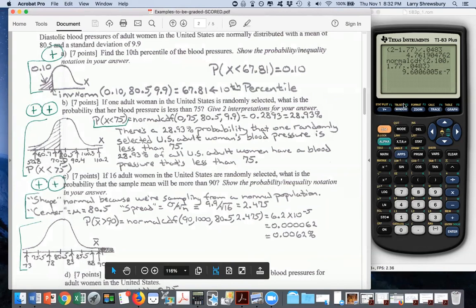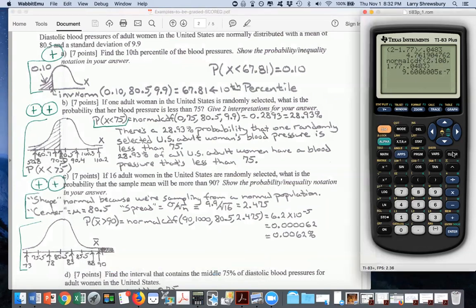And once again, we could go over here, I'll have to wake it up again. And why don't we just take that 90, see how far it deviates from the center, which was the 80.5. Divide it by our spread, which is the 2.475.